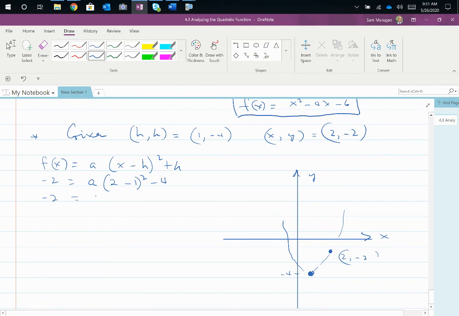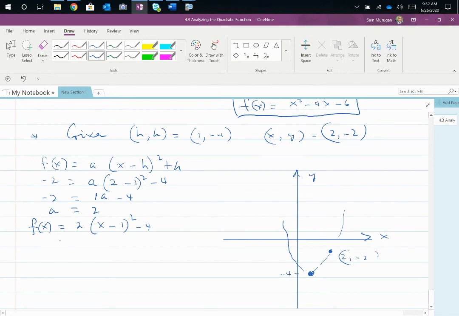This is 1 squared, which is 1. So 1a minus 4. So a is equal to 2. So f of x is equal to 2 times (x minus 1) squared minus 4.